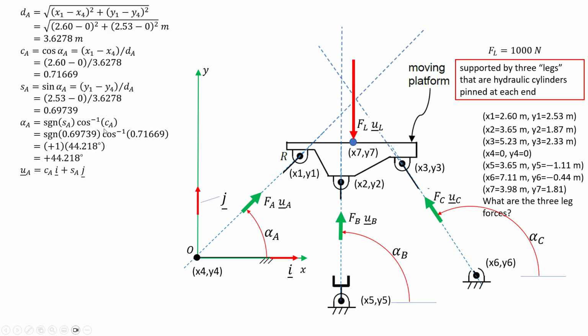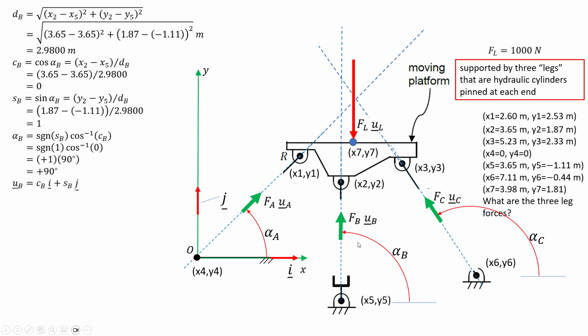You do the inverse cosine of the cosine and you multiply it by the sign of the sine. So that's good. The sign of the sine is obviously plus 1, and the arc cosine of this is 44 degrees, a little bit more. That looks about right. So with this CA and SA, I've established what my unit vector of the A leg is.